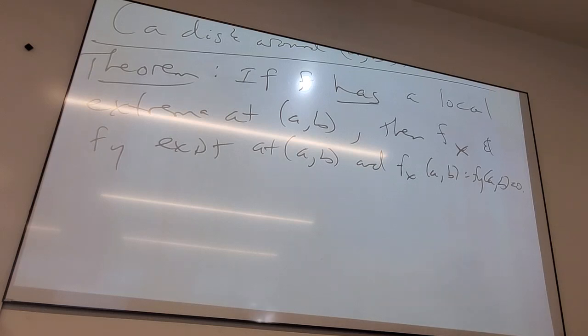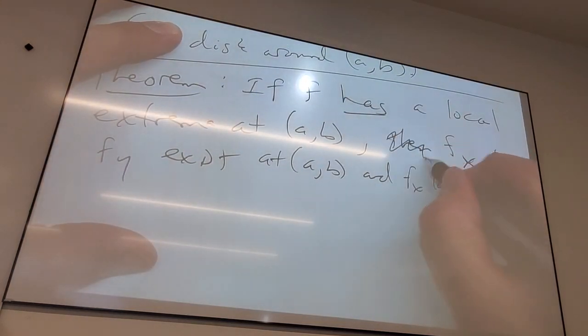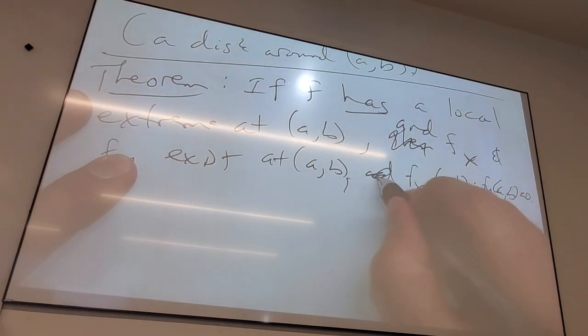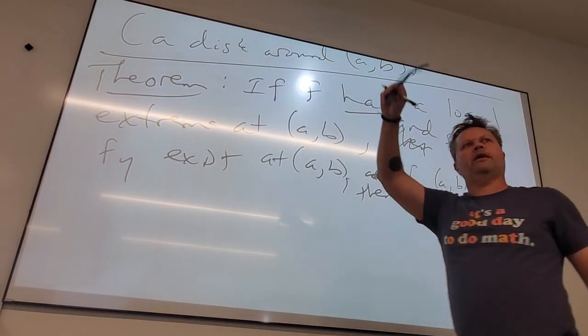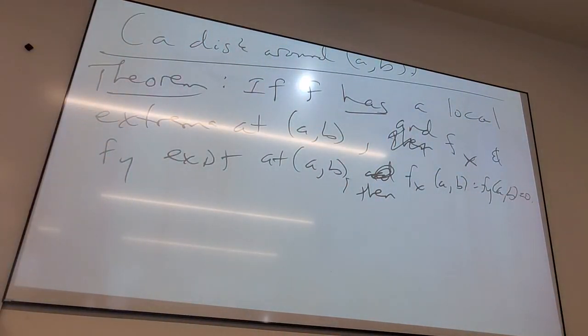Oh, yeah, that's what I mean. Not then, but and. This is the then. There we go. So if f has a local extrema and f_x and f_y exist at (a, b), then f_x(a, b) equals f_y(a, b) equals 0.